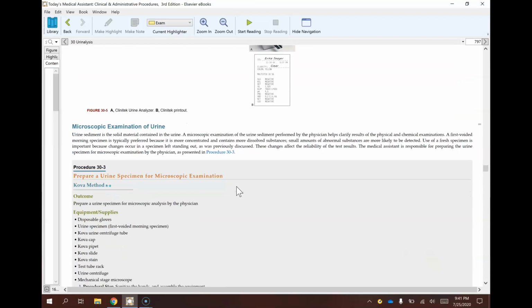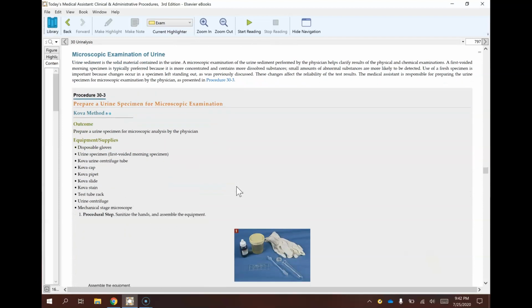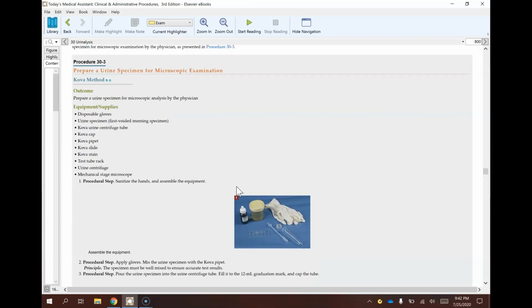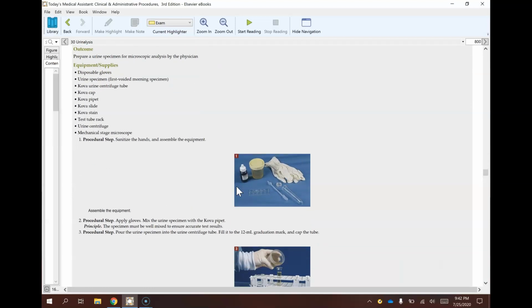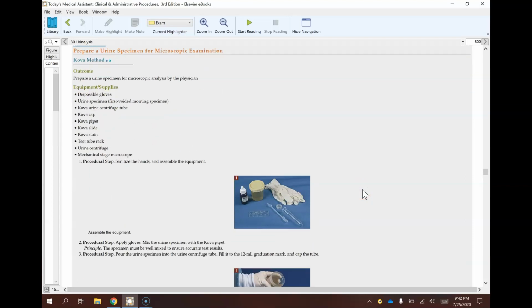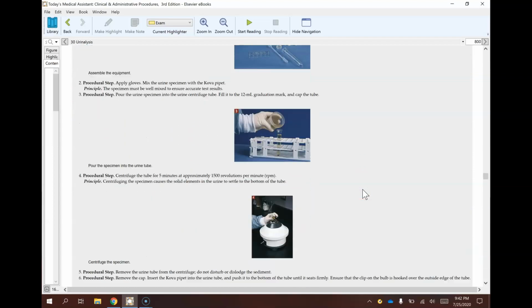So again, we spoke about microscopic exam of the urine. That is a procedure here. Obviously, as you can see, you wear gloves. You have everything that you need ready before you start your procedure. That is procedure 30-3.